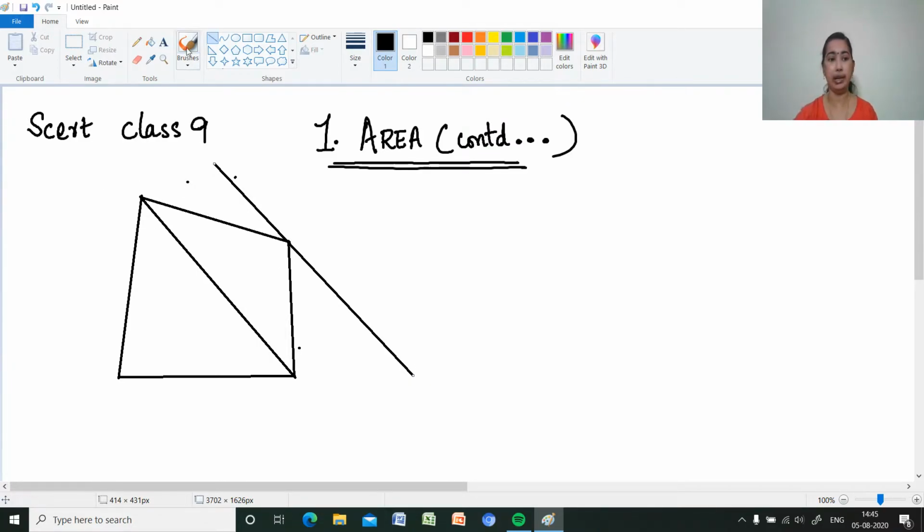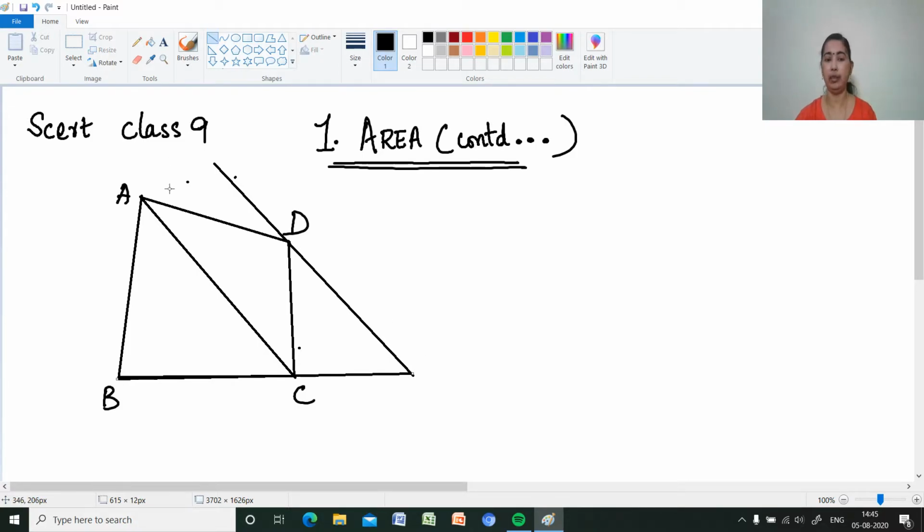This is ABCD, and the line is parallel to AC, drawn through vertex D. And you have to extend the base BC till it touches the parallel line.